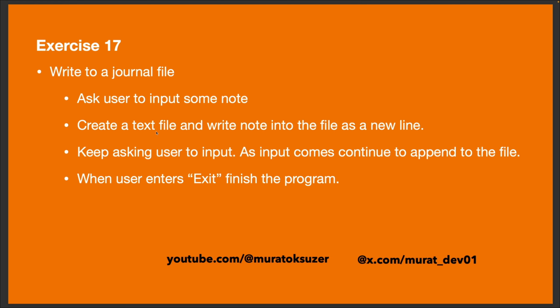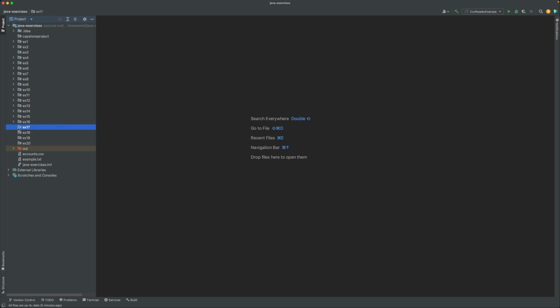In the next exercise, we will practice writing into a file. In this exercise, we ask the user to enter some notes and we will append them into the journal file.